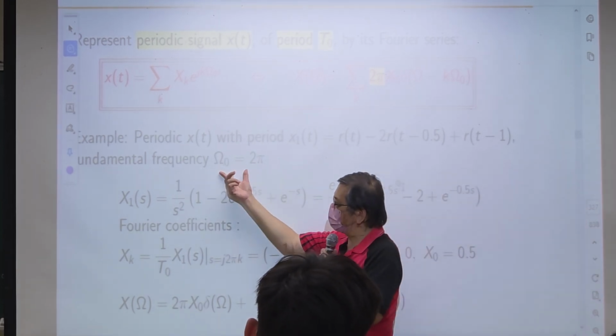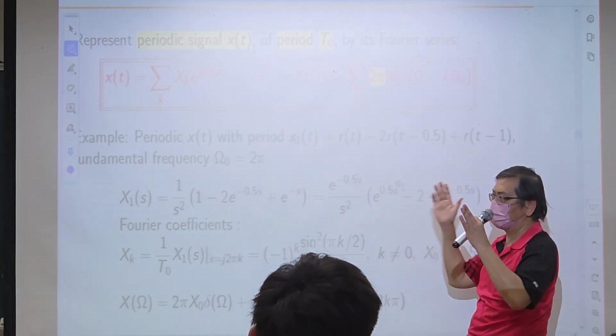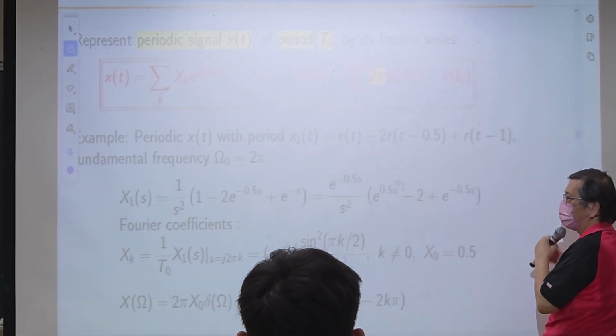And let's assume the fundamental frequency is 2 pi. So we repeat this in every 2 pi, okay?